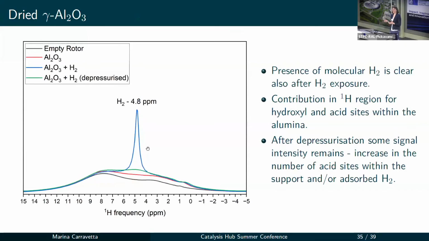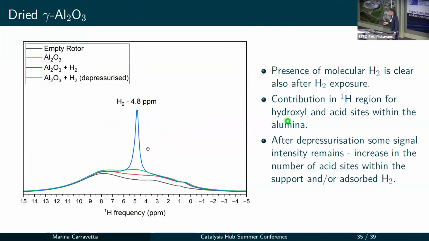Then we decided to see what happens if we just have alumina, but without the palladium nanoparticles. And again, we get a peak for the hydrogen in a position which is quite similar. But on top of that, we also have a slight increase of the signal compared to the empty rotor.